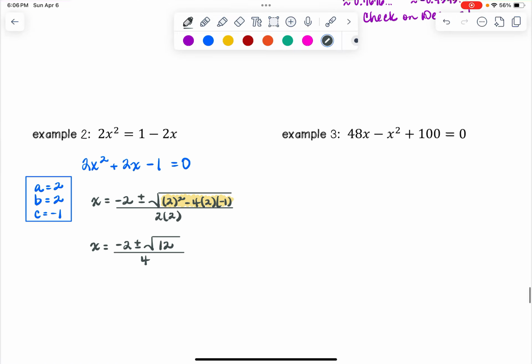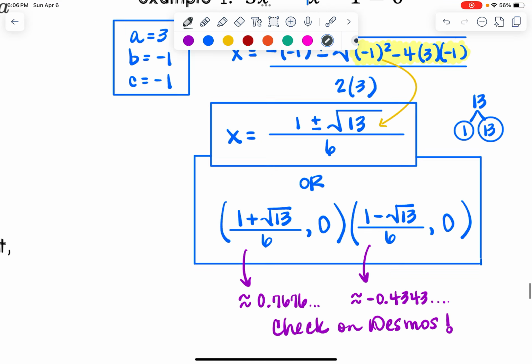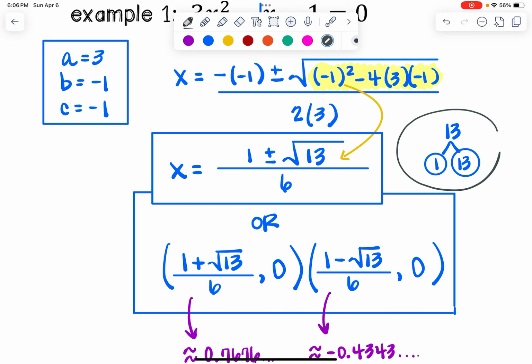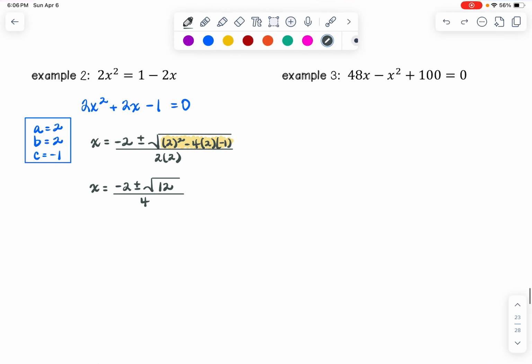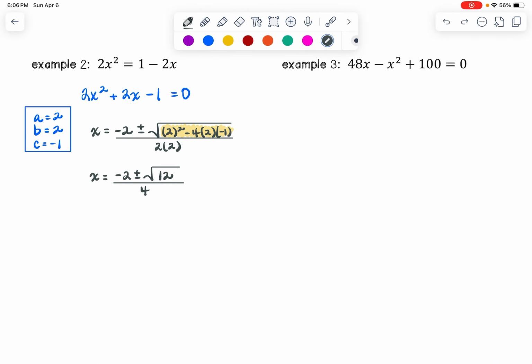All right. Now remember up here, we got 13, but 13 was a prime number, right? So we couldn't simplify the radical, right? But on this one, I'm definitely going to go off to the side and see if I can simplify the square root of 12, which I totally can, right?